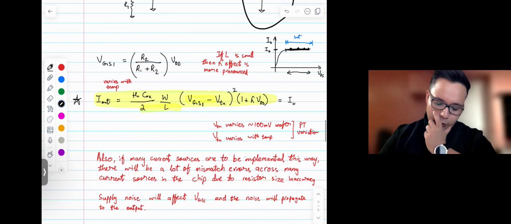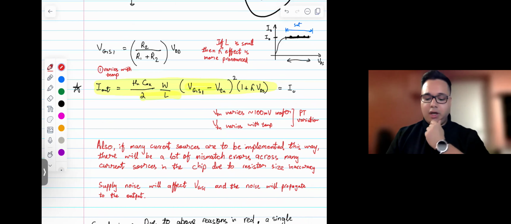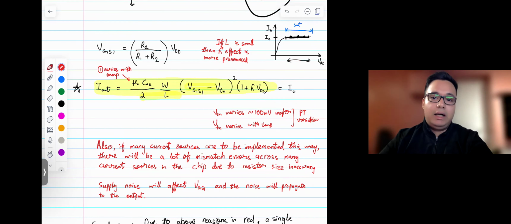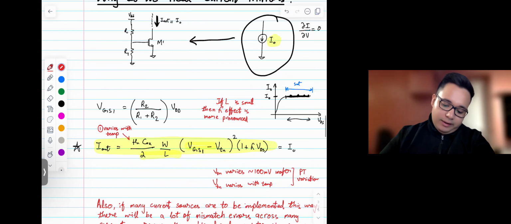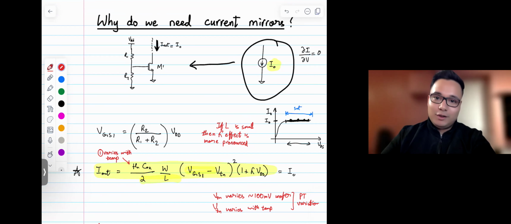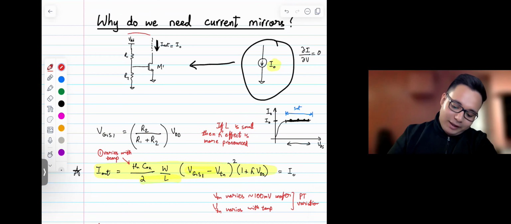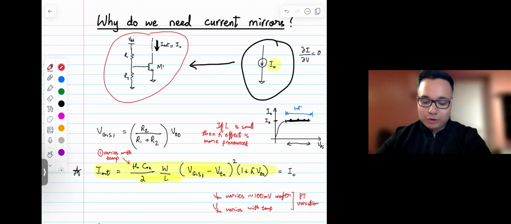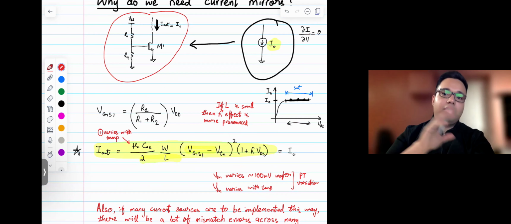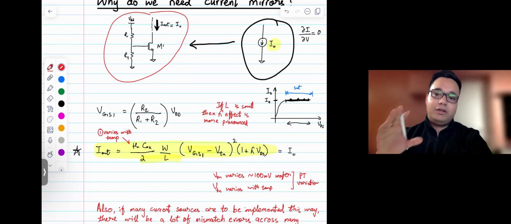All right, number one, the mobility of the transistor. We thought of it as a constant, but is it really? It turns out that mu n of a transistor will vary based on temperature. So if this circuit is on a chip, and that chip is in a car, and that car is in Calgary in peak winter, so minus 35 degrees Celsius, you would get a mu n which is different from the mobility at 25 degrees Celsius.